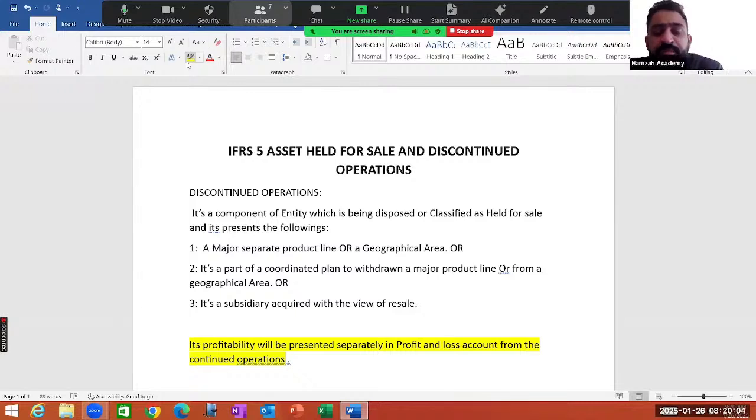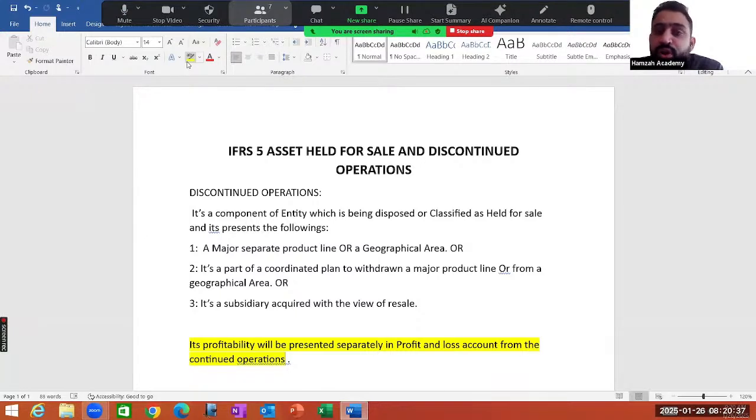But principally speaking, profitability will be presented separately from the continued operation. The reason is that the profits or losses of the discontinued operation would not be available in the next 12 months. So as users of the financial statements, they must know the impact of the discontinued operation on future profit in the profit and loss account.